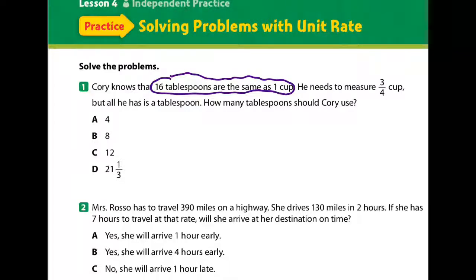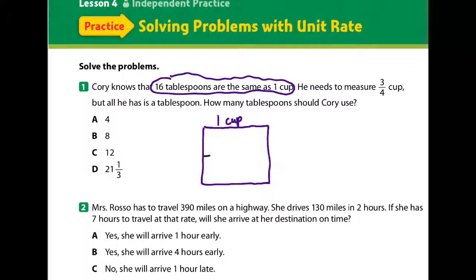Now, I'm going to draw a picture to help me understand this one. Imagine this square is 1 cup. And it's 16 tablespoons, right? So the whole thing is 16 tablespoons. But he only needs 3/4 of a cup.